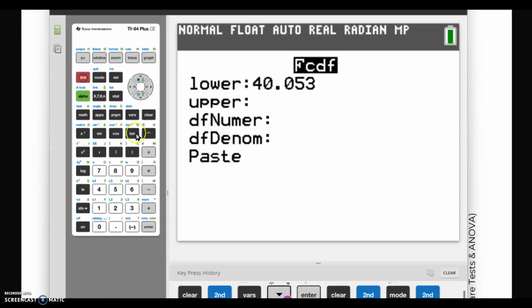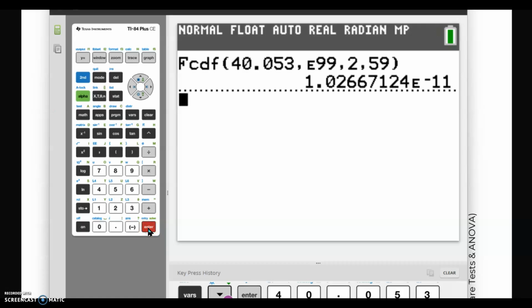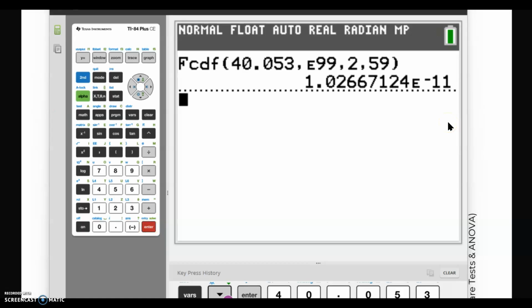Our upper value is E99. Our degrees of freedom in the numerator was 2. The degrees of freedom in the denominator was 59. And then to find our p-value, which is 1.027 times 10 to the negative 11th.